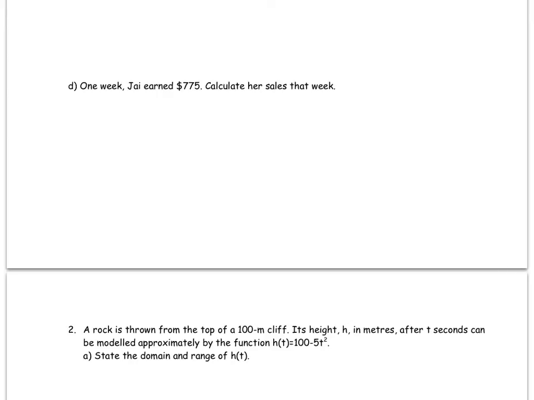Now this last part of the question says, if Jay earns $775, how much are her sales that week? So I'm going to use the inverse function, and I'm going to say S, the sales, is equal to (775 minus 600) divided by 0.05.